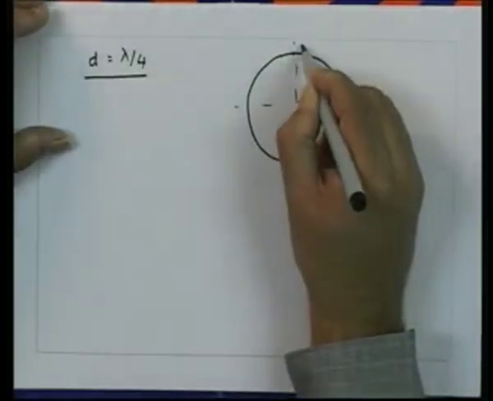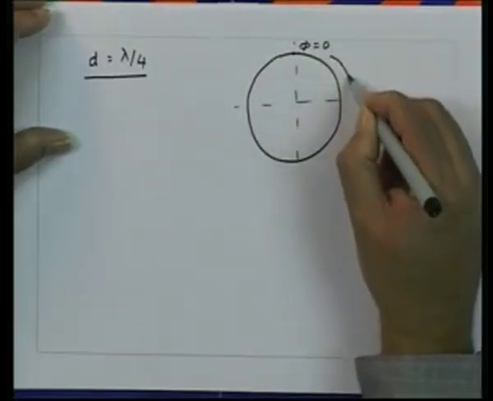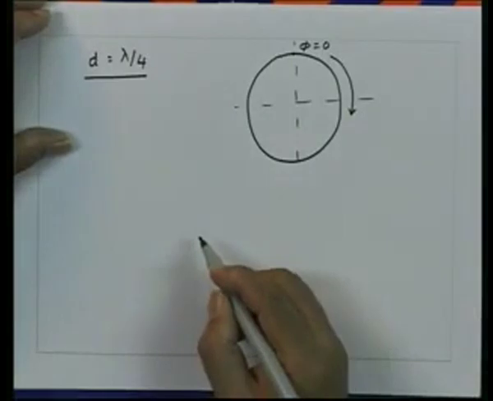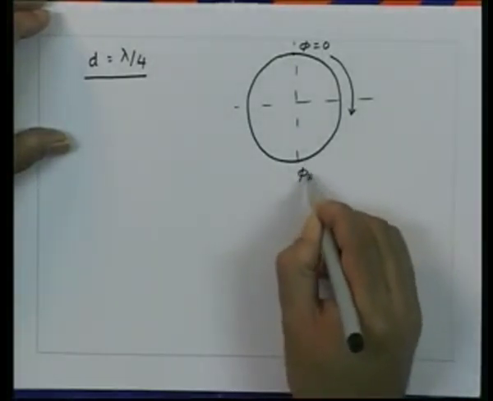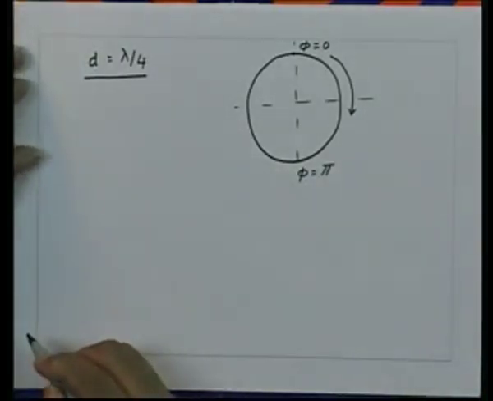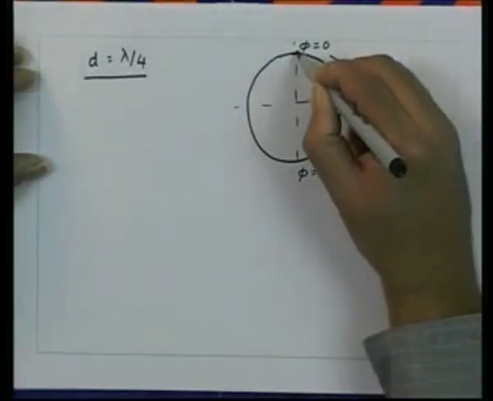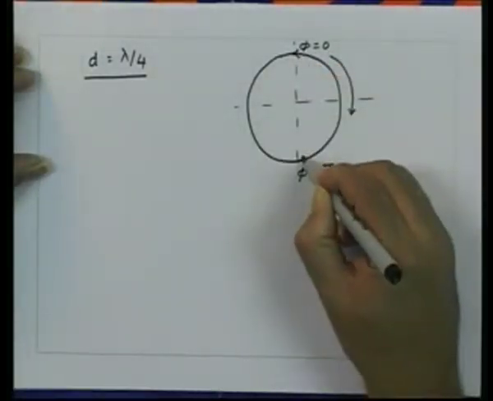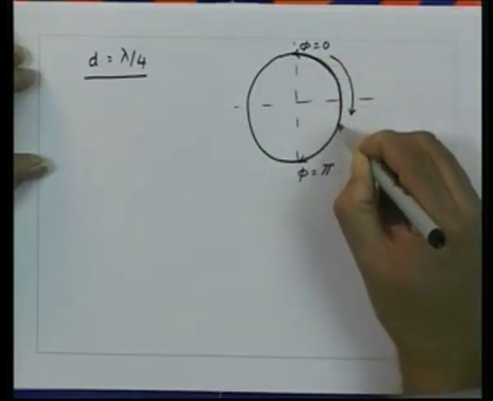So this will correspond to phi equal to 0, and then the range of psi will be like that, and at this point this will correspond to phi equal to pi. So we got a visible range of psi from here to here. So this is the visible range of psi.